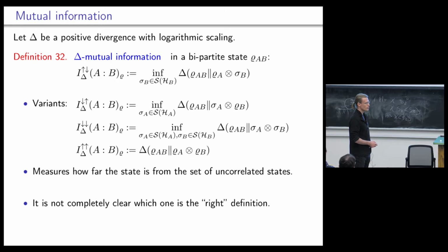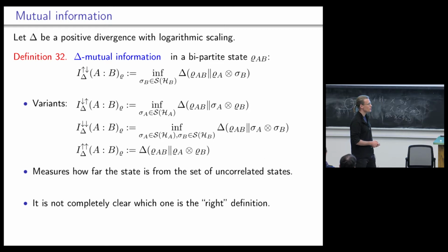Well, because this double optimized version has a chance to be symmetric. Well, okay, I mean, the flip operator is a unitary, right? It's a unitary conjugation. So if it's unitary invariant, then it's going to be symmetric, if you optimize over both of the marginals.